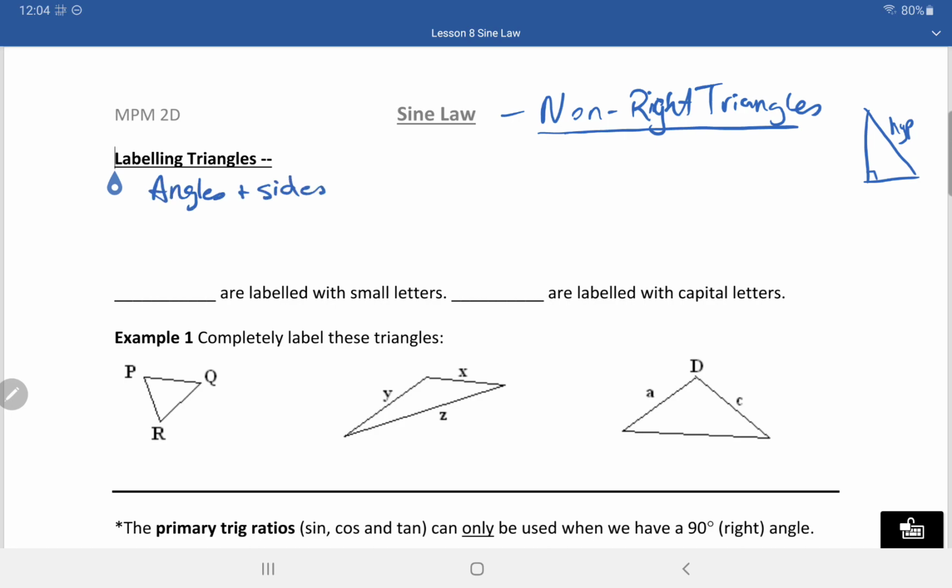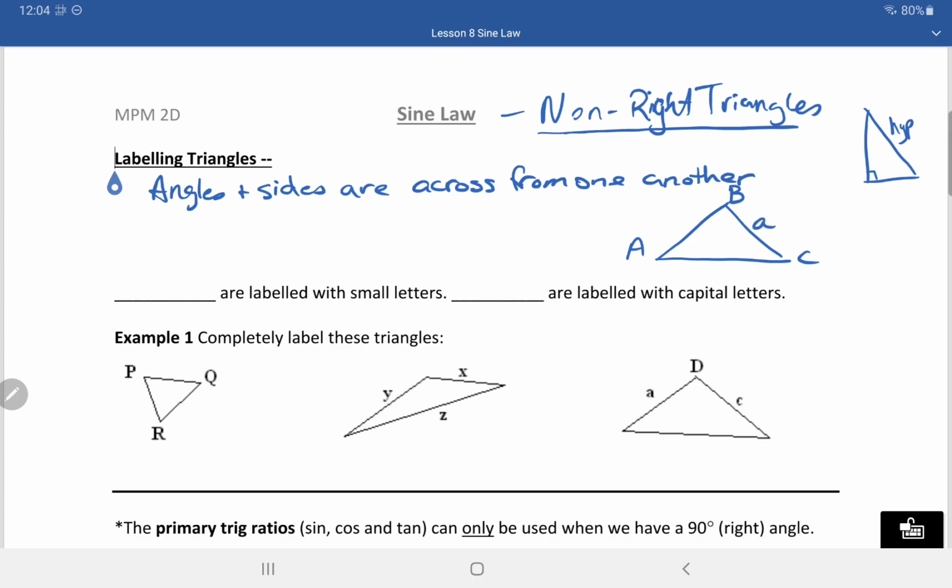So when you're labeling triangles for sine law, you always label angles and sides that are across from one another. So what that means, and we're going to do some examples right below here, but if this is triangle ABC, then side A is actually directly across from angle A, and we call it lowercase a.